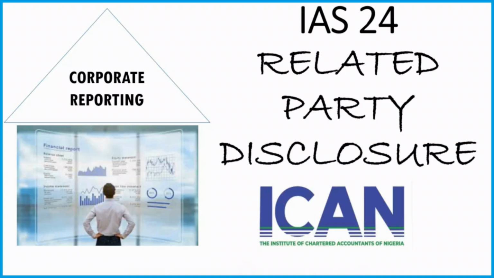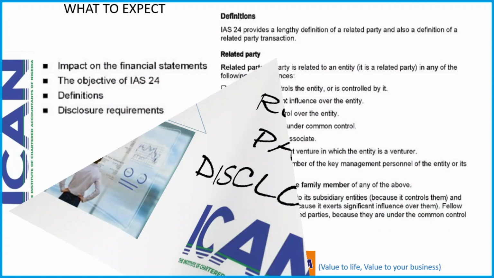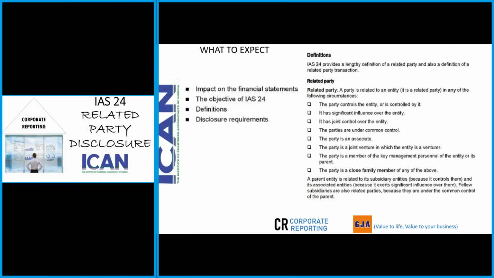And when we are talking about related party disclosure, what are expected of us to learn? We will be looking at the definition of the IAS, the broad definition of related party transaction.